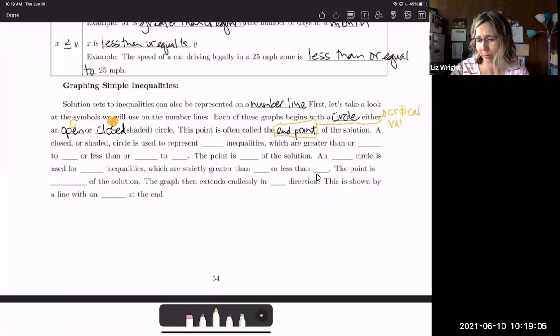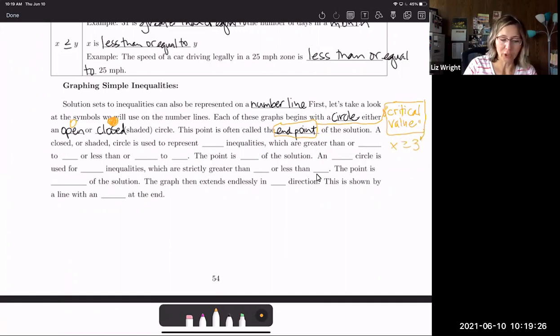Because it is so critical, right? It is your critical, and that's just by definition. It is called your critical value or your endpoint of your solution. So for example, like if we had x is greater than or equal to 3, the 3 is considered your endpoint or your critical value.